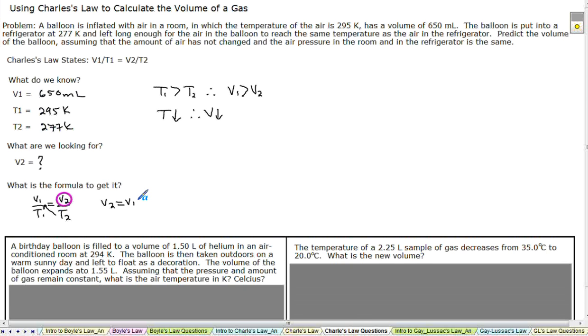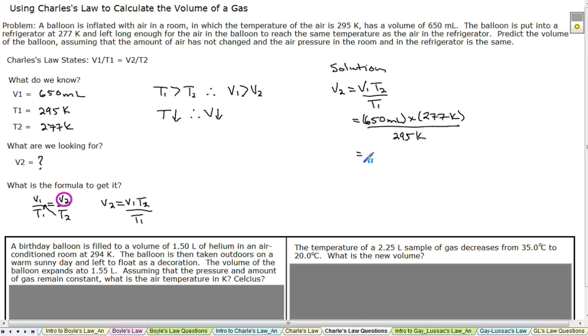So now V2 is equal to V1, initial volume is 650 milliliters, times the temperature of 277 Kelvin, divided by our initial temperature, which is 295 Kelvin, equals 610 mL.